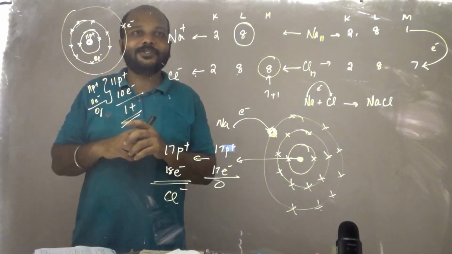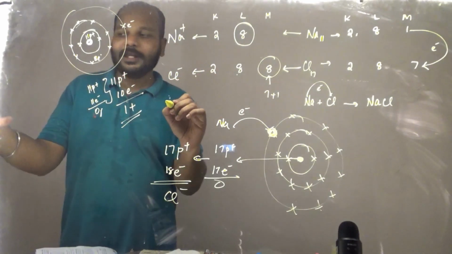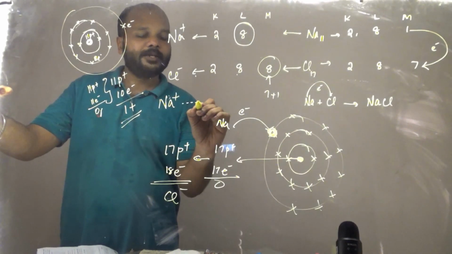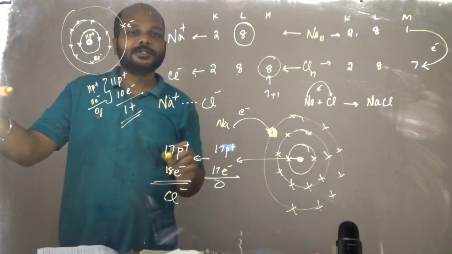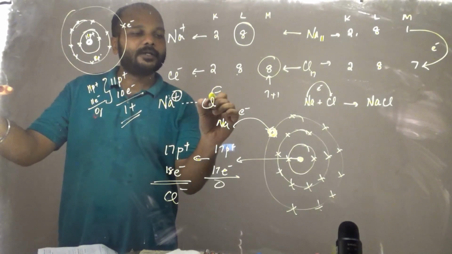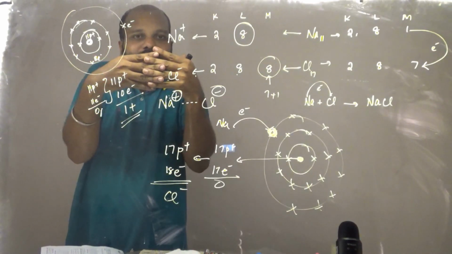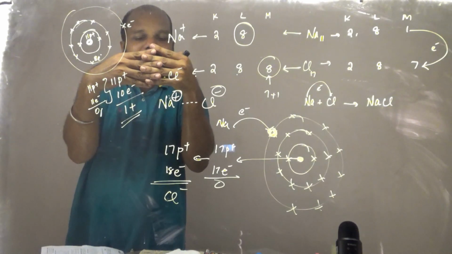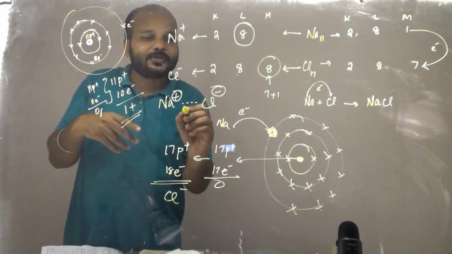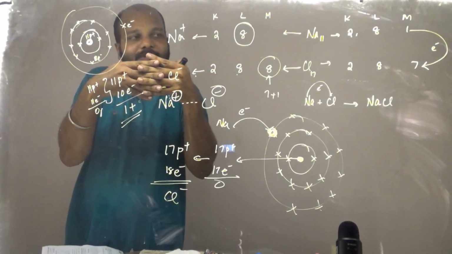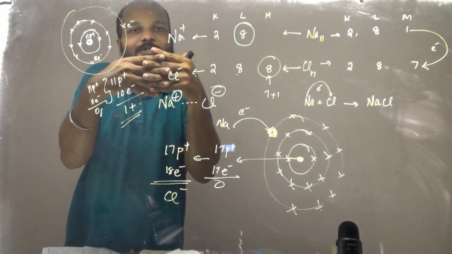One more thing you need to know is that Na plus is bound with Cl minus, because the positively charged ion and the negatively charged ion attract each other due to electrostatic attraction of opposite charges. So NaCl remains like this, and the bond is strong.